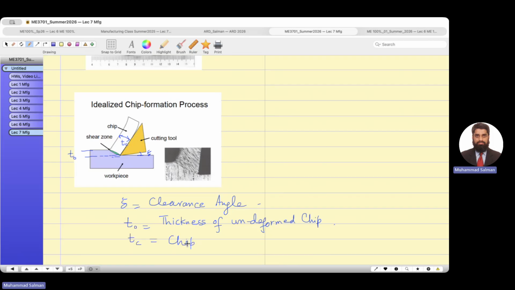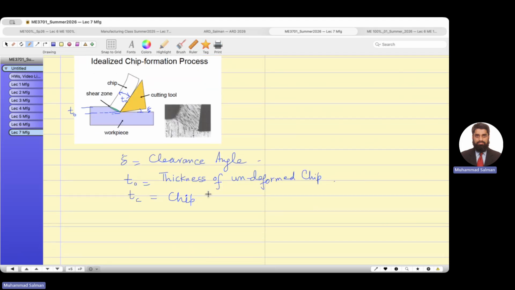As I mentioned, my focus would be more on the chip thickness, chip flow, chip velocity. That's why I need to explain to you some technical terminologies. And if you draw a line here, this angle is known as phi. This is phi angle, which is called the shear angle. Shear means cutting happening at this angle. Okay? Shear angle.